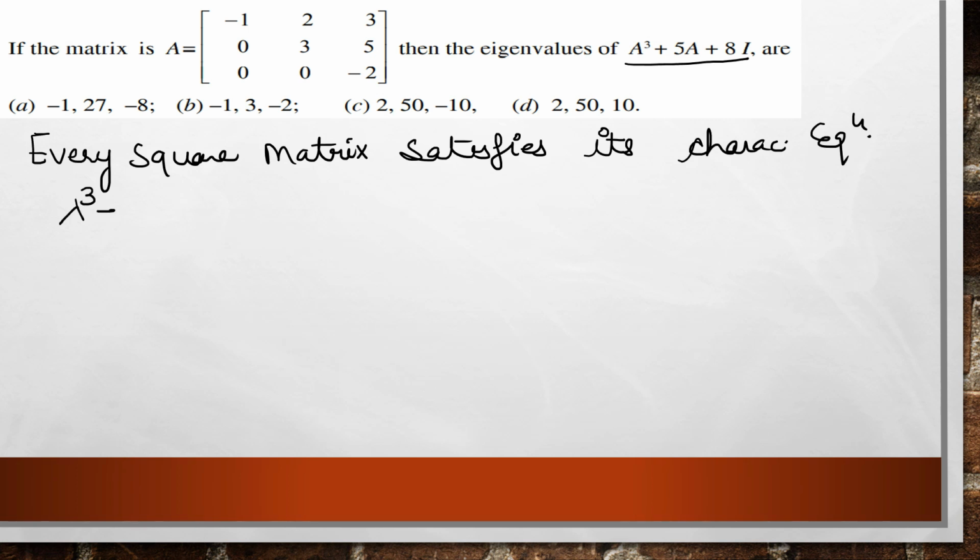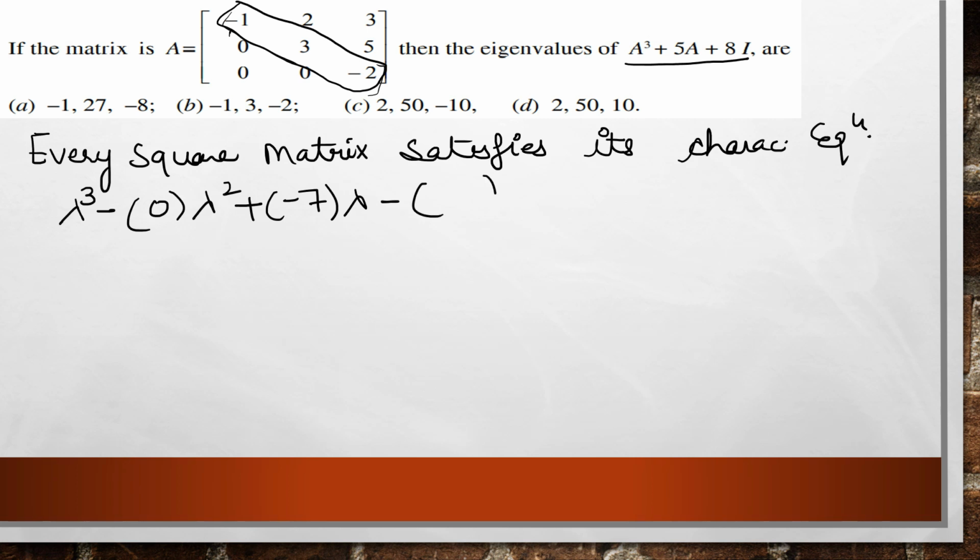So lambda cube minus the sum of the diagonal elements. What is the sum of the diagonal elements? That is 0, lambda square plus the sum of the minors of the diagonal elements. That will come out as -7. You can just check this. And the determinant, because this is an upper triangular matrix, will be the product of the diagonal elements, and that is coming out as 3 into -2 into this, that is 6.